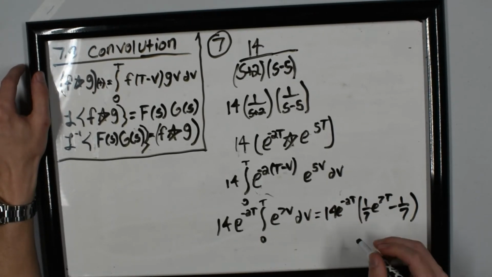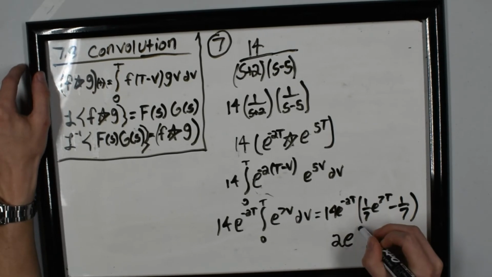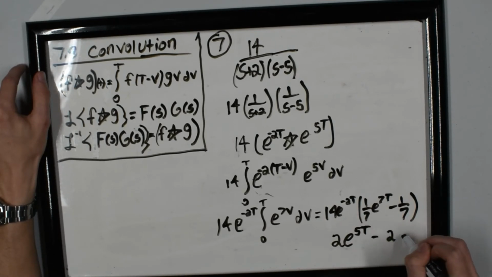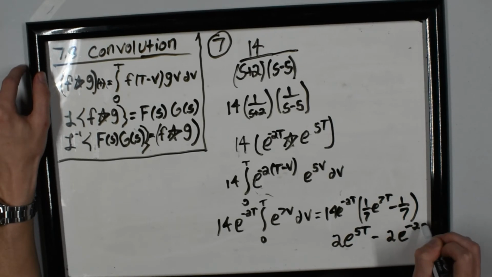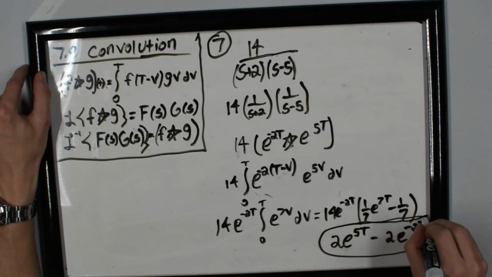Okay, now distributing this, you're going to be left with 2 e to the 5t minus 2 e to the negative 2t. Okay, and this will be the inverse Laplace transform of this function.